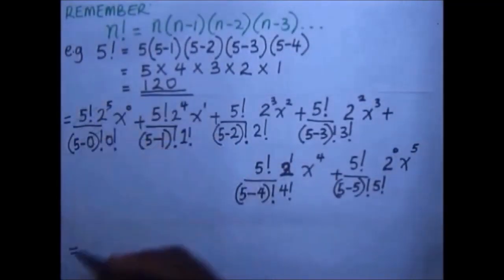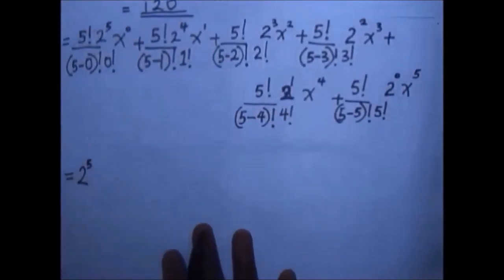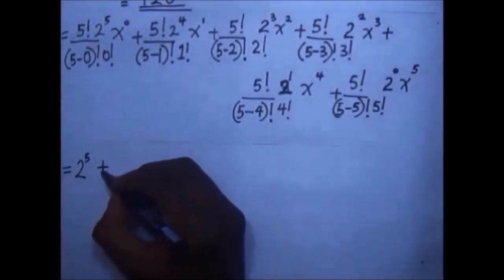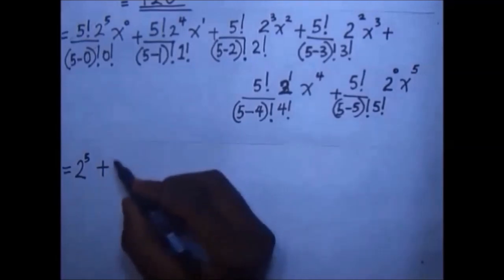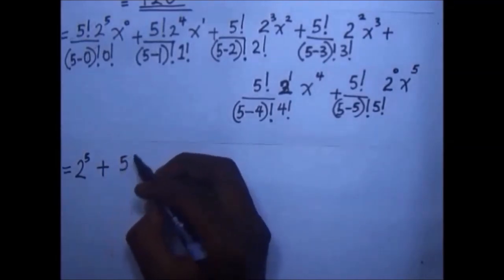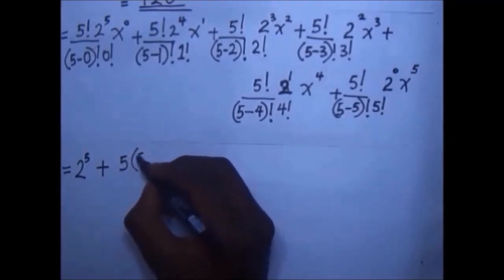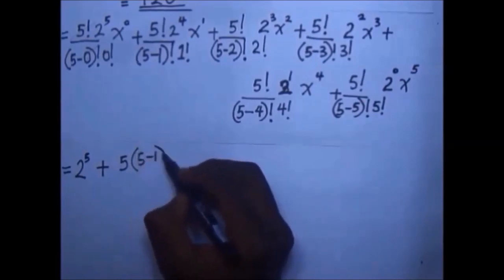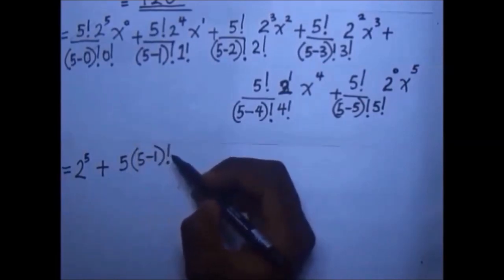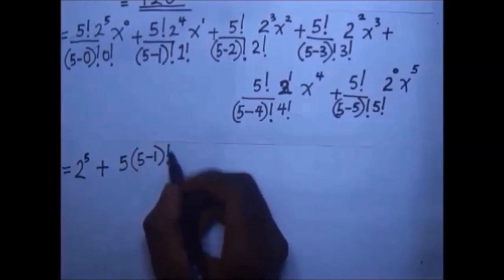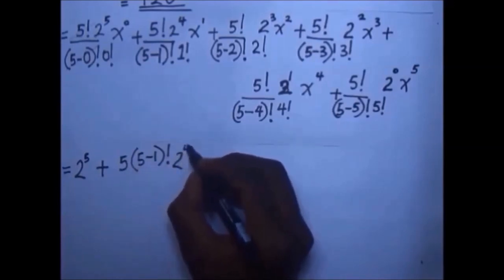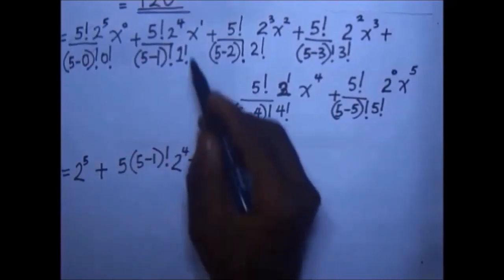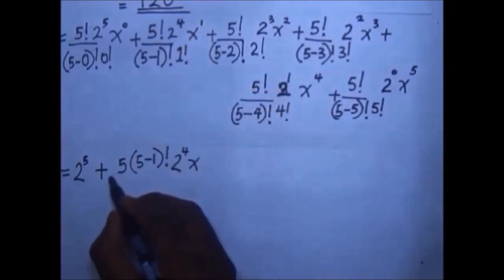So it's going to become 2 to the power 5, plus, 5 factorial is 5 times 5 minus 1 factorial times 2 to the power 4 times x, because x to the power 1 is x.